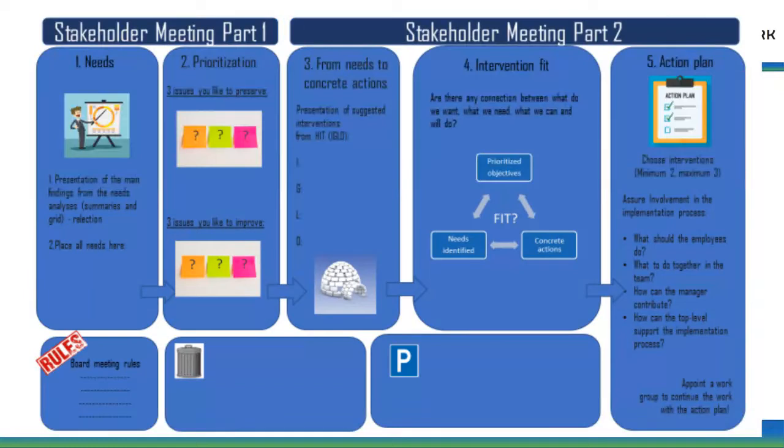So the stakeholder meeting will be members of the organisation, so a whole range, from more senior management through to middle management, employee representation as well, an HR leader perhaps. There may be some people who have been in some of the other activities, but they may be new as well.